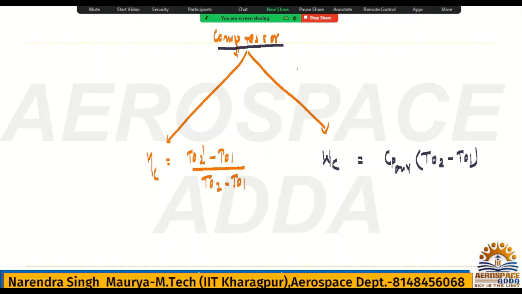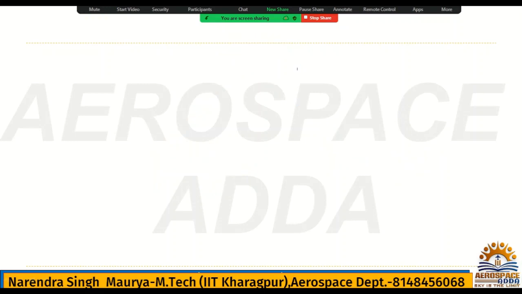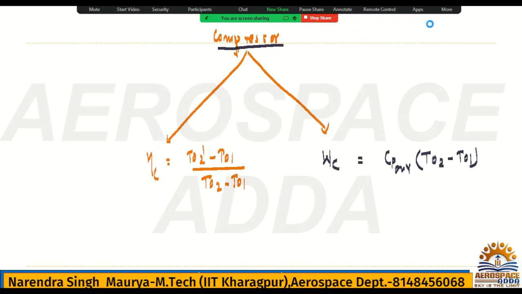Okay. Now we'll go for the third component, and the third component of the jet engine is the combustion chamber, or combustor. What is the numbering for it? See this diagram first.